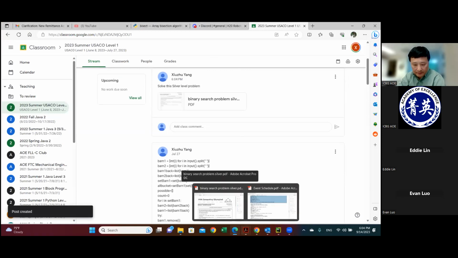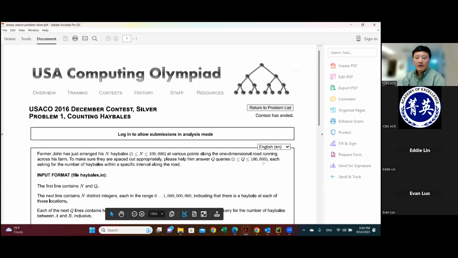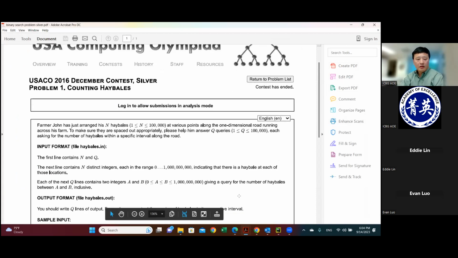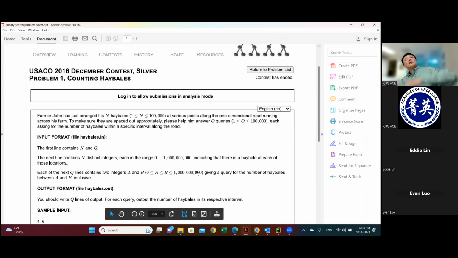So this is the problem. Okay, so quickly, if you can download that, go download it. It's convenient for you. But let's just go through this problem.